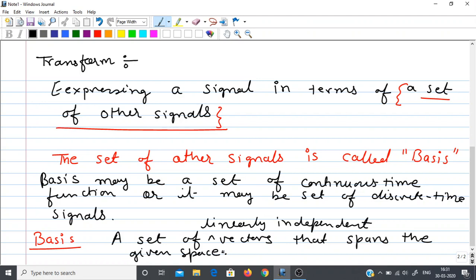So this is a mathematical definition of basis. Basis is a set of linearly independent vectors that span the space.